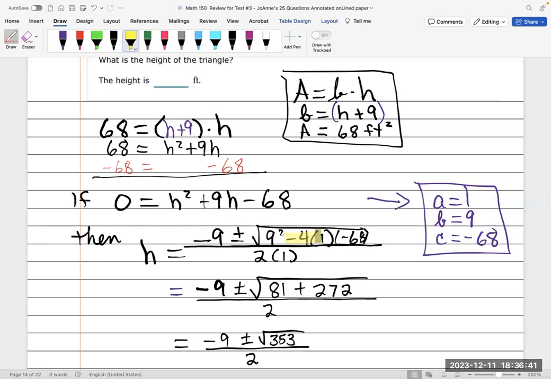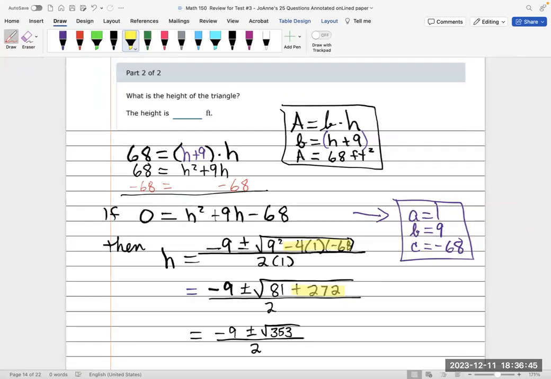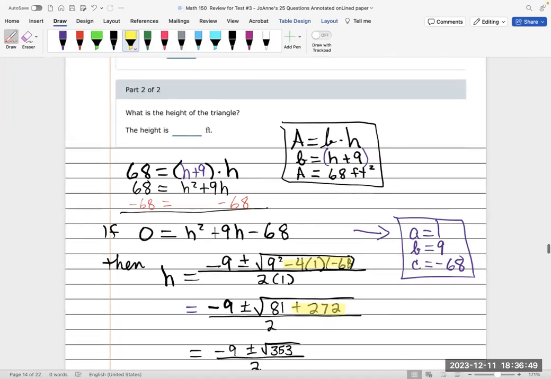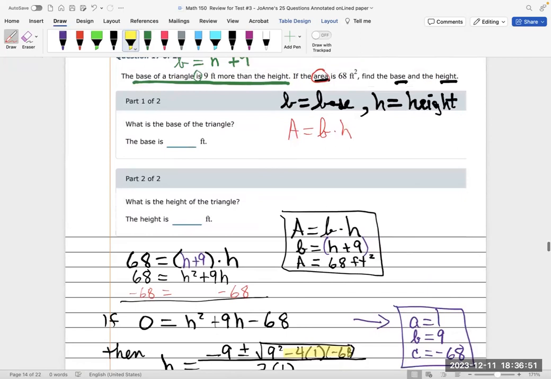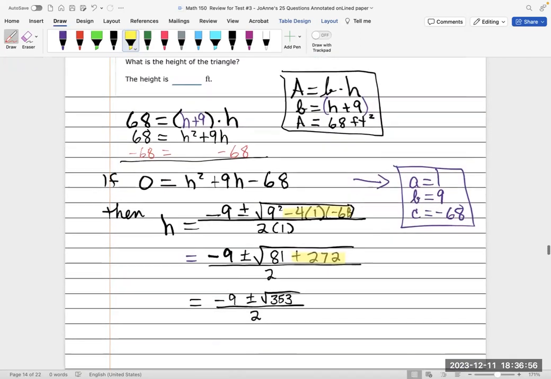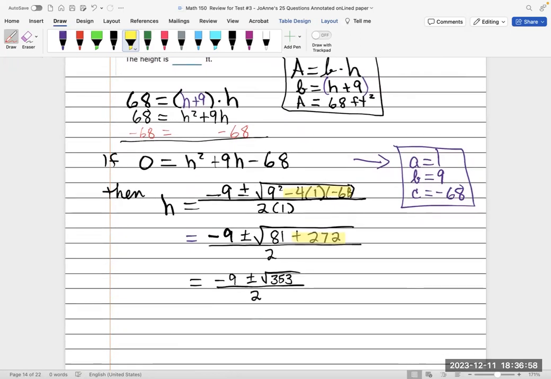All right, I have negative times negative is a positive. 9 squared is 81. 81 plus 272 is 353. And it says, all right, what's an exact answer? So the square root of 353 is about 18.9.